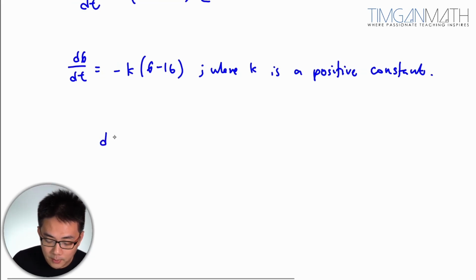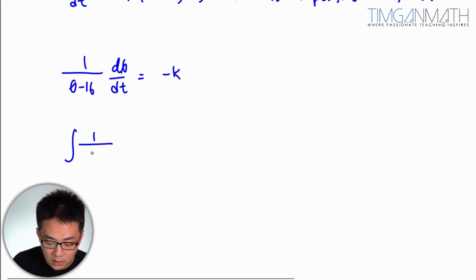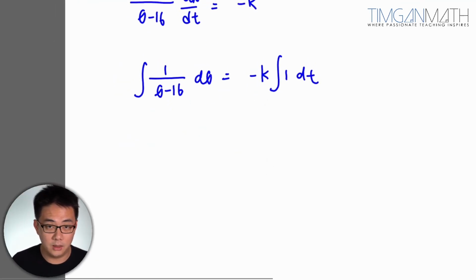Remember this part here. I think this is not really a difficult question per se. You have to be able to do this in exam. So this d theta dt equals minus k, after which we just integrate. This will be d theta over theta minus 16 integral equals minus k integral 1 dt. Okay, integrating k is fine as well.